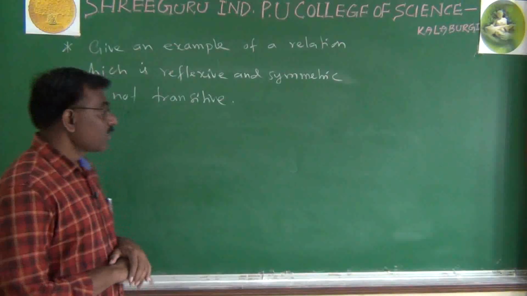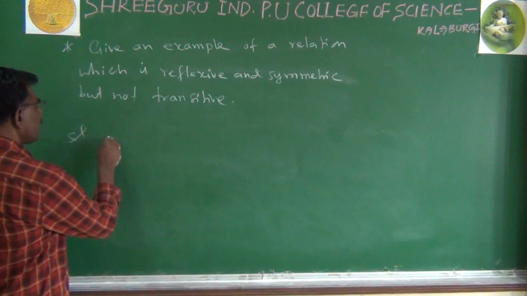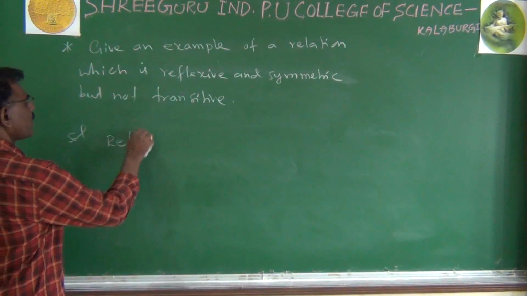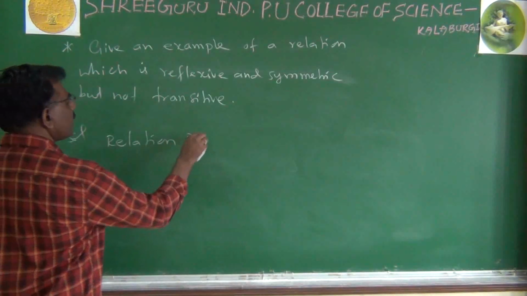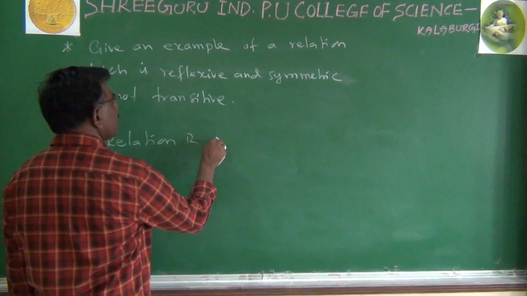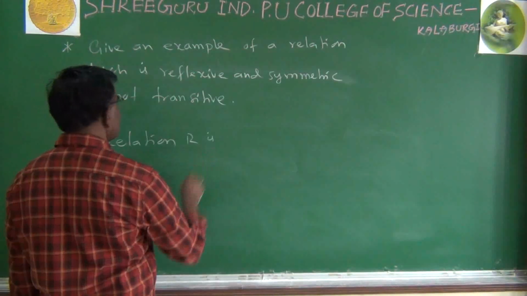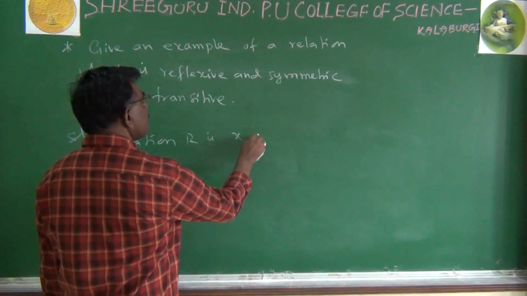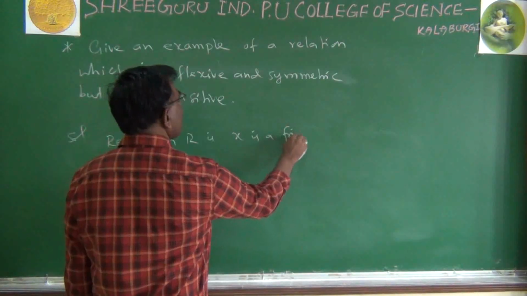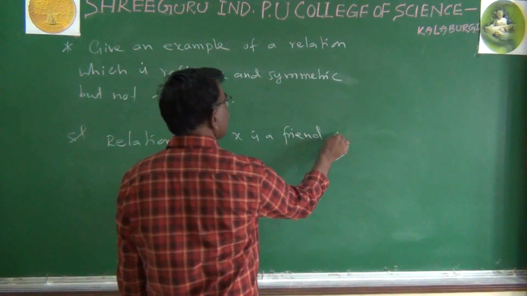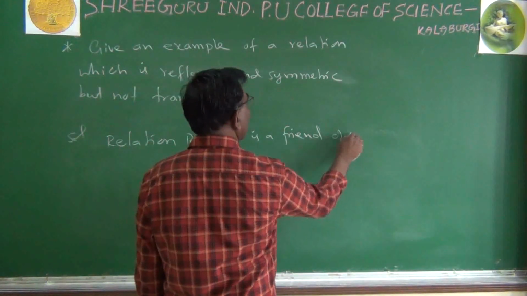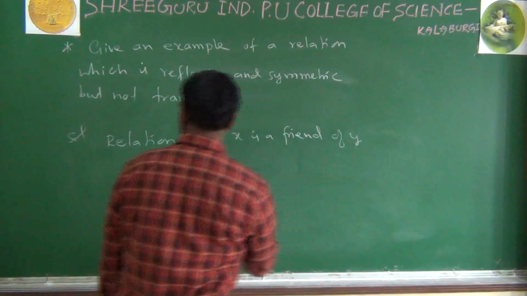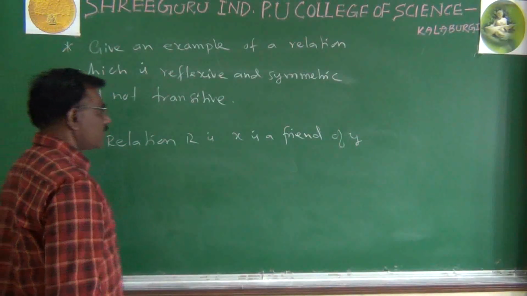Okay? So here, a very simple relation. The relation R is "X is a friend of Y".